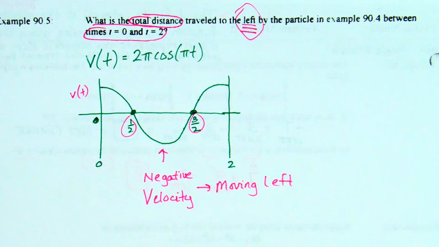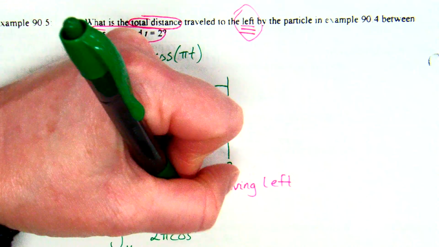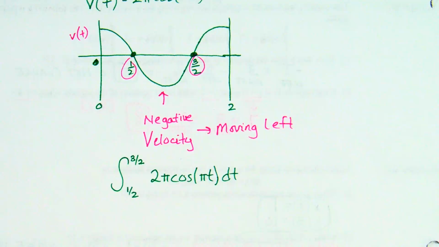So, total distance, we need to do the integral of velocity, because we want distance, right? And it's going to be the integral from 1/2 to 3/2 of our velocity function, which is 2 pi cosine of pi t dt. And again, I knew my 1/2 and 3/2 because that's when my velocity is negative. So that's the only section of this graph I care about.